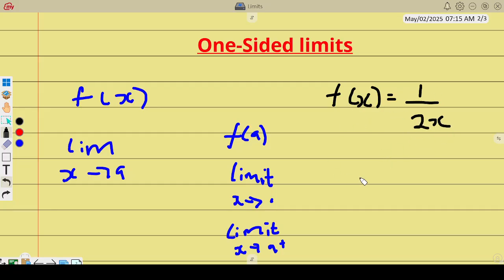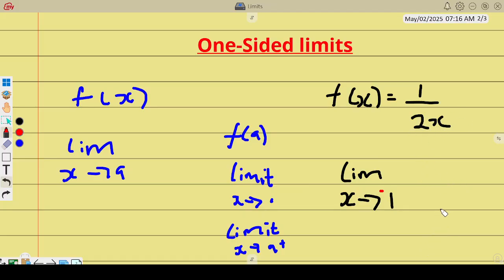If we want to determine whether the limit as x approaches 1 exists, it has to satisfy these conditions. The first is that when we approach 1 from the negative side, it should give us a particular number. Let's quickly do it.